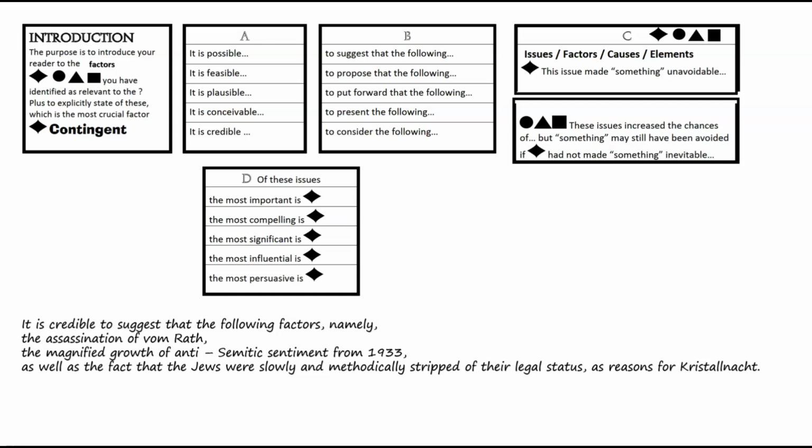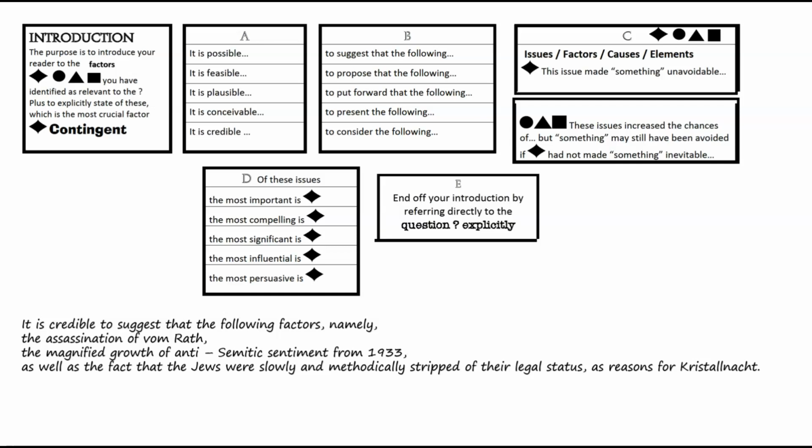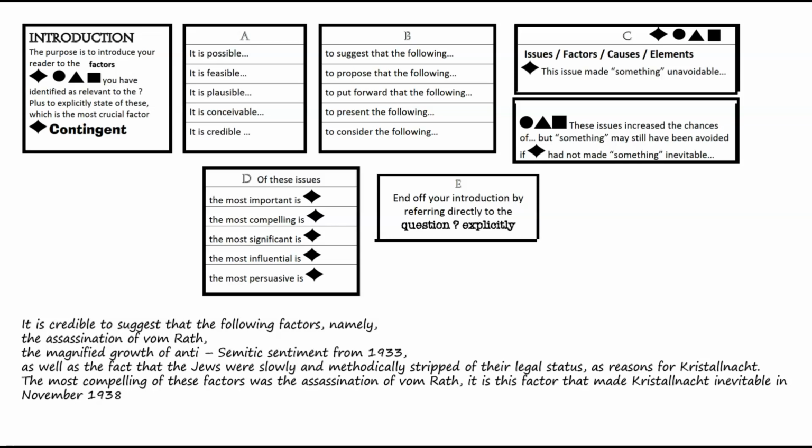Then I'm going to say to them, now you must explicitly write which is the most important, and end off your introduction by referring directly to the question. So the most compelling, so you can see I've used that from column D, the most compelling of these factors was the assassination of von Rath.